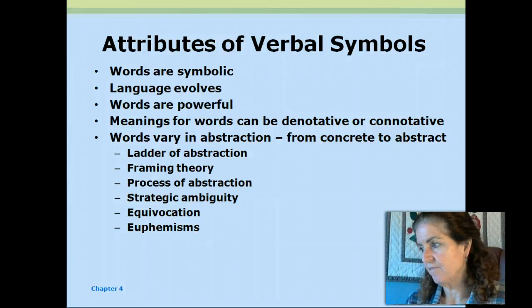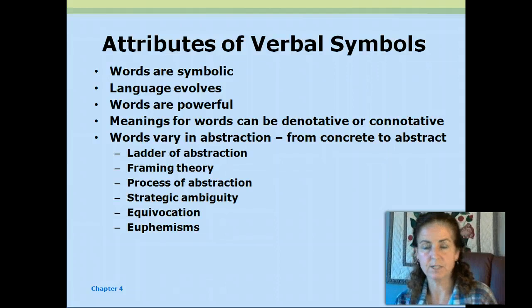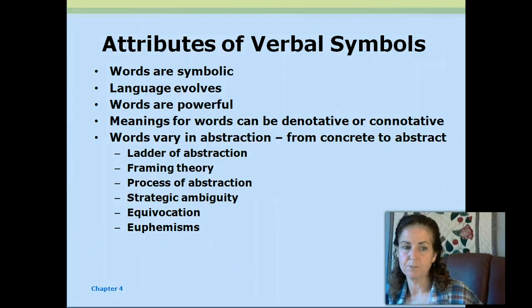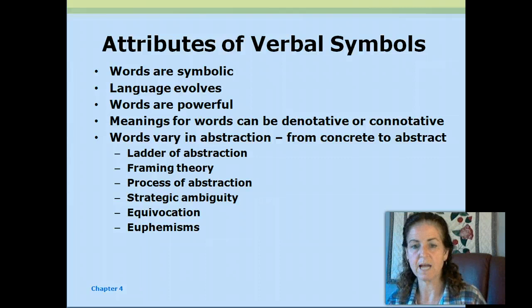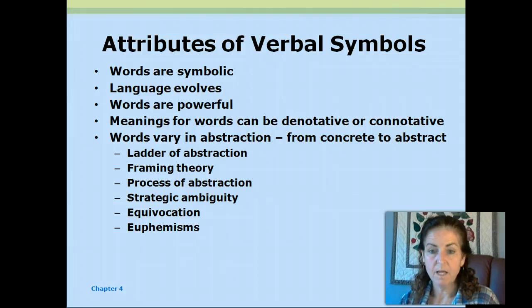Abstraction, there's a lot of information in the chapter that deals with abstraction, particularly the abstraction ladder, which has to do with a progression from specificity to the very abstract. And framing theory and how that affects how we understand things. And that's all in your book.